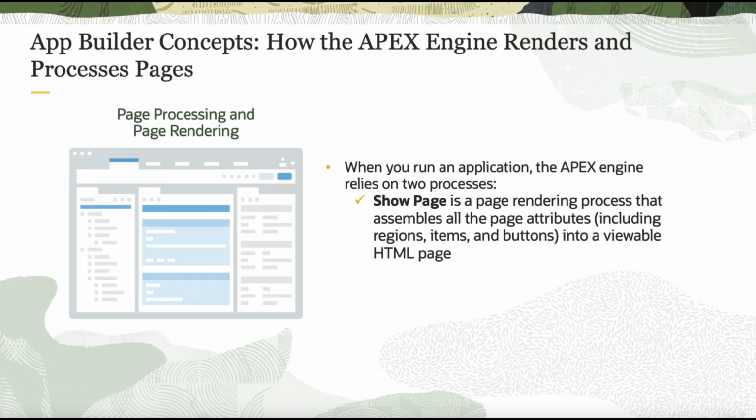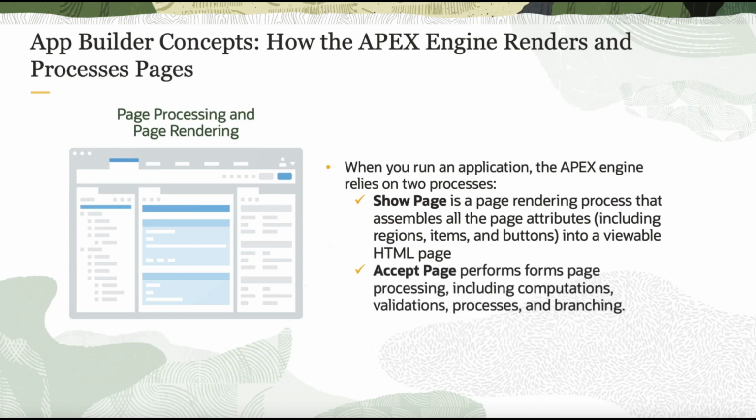So when you request a page using a URL, the engine is running show page. And then the next one is accept page, which performs forms page processing, including computations, validations, processes, and branching. So when you submit a page, the Apex engine is running accept page or performing page processing, during which it saves the submitted values in the session cache and then performs any computations, validations, or processes.